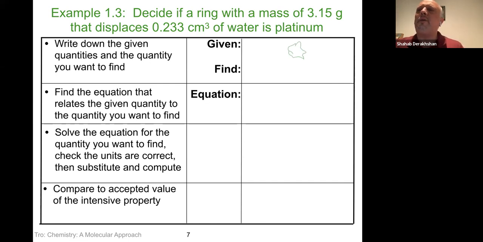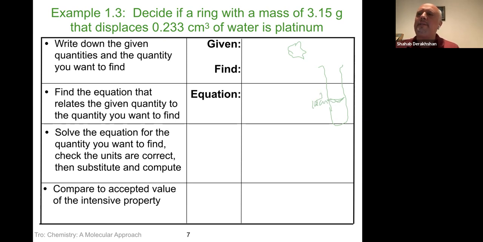How do you do it? You take a graduated cylinder. You pour some water in that. Let's say you have 10 cubic centimeter. And when you drop the object in it, it goes from 10 to 10.233.